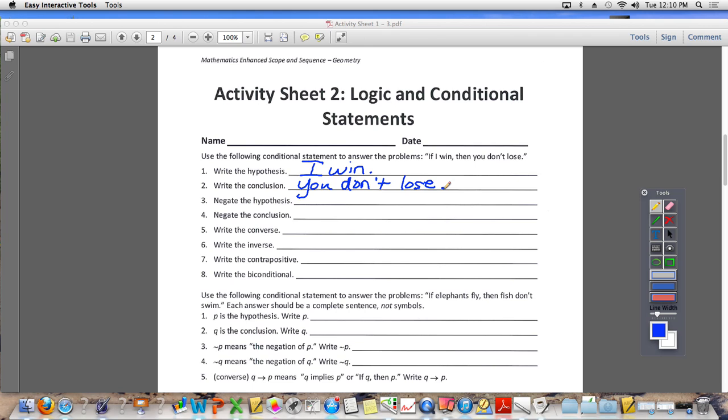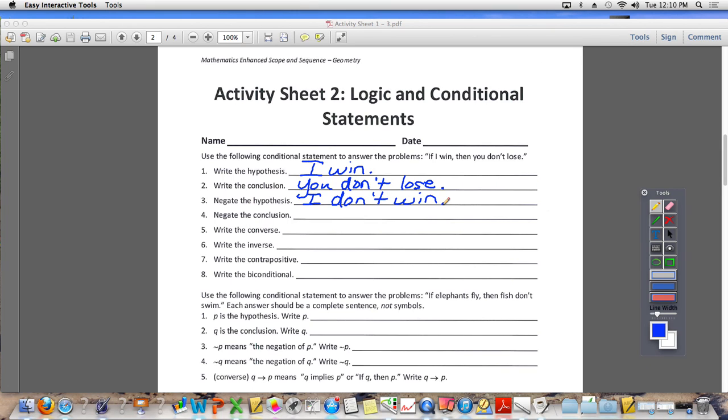You don't use if. You just say I don't win. Now, did you really add the word not? You had to add do not, which is don't. But that's okay. You've added the word not. So to negate the hypothesis, you say I don't win.